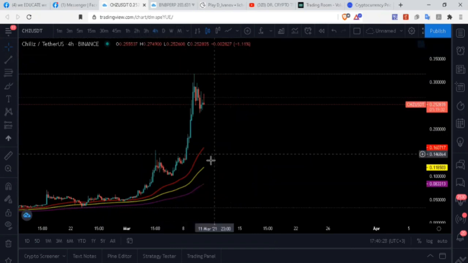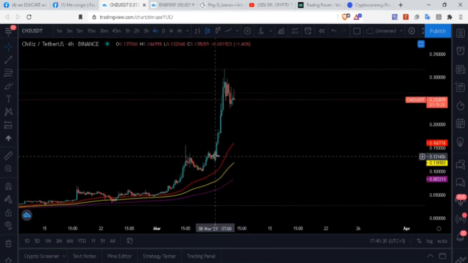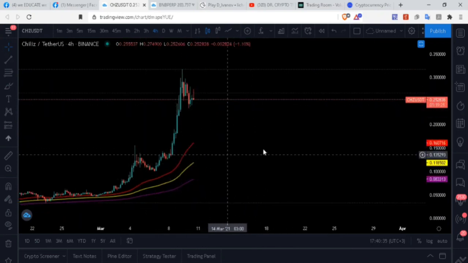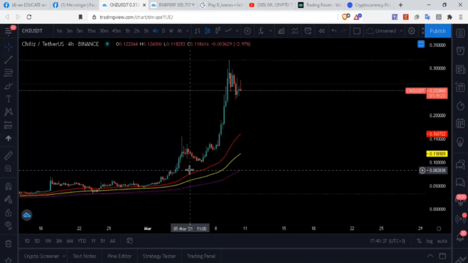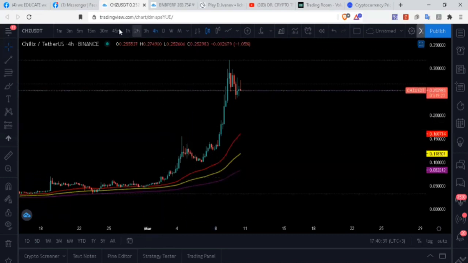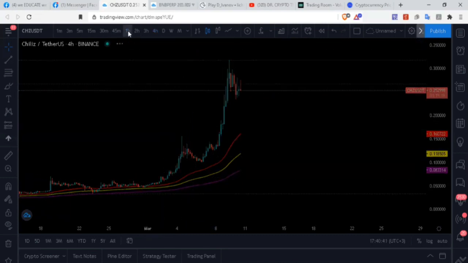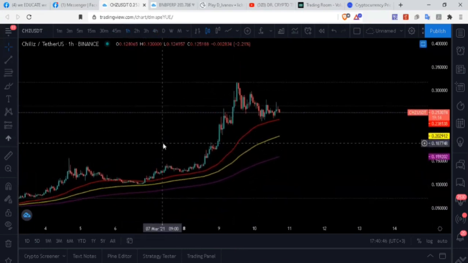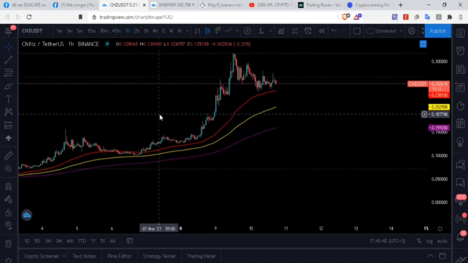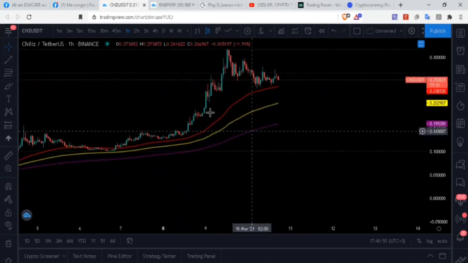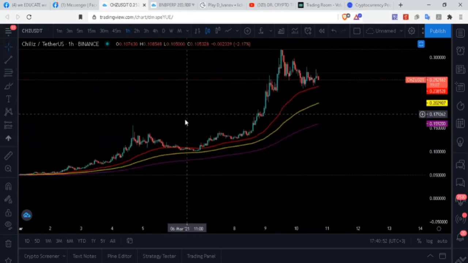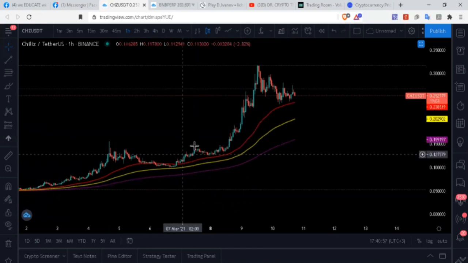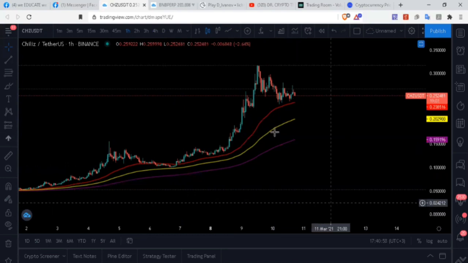We'll check on the 4 hours, then it says that it's trending because the moving averages are below the price. Then we will check the 1 hour if it's trending or not. Still trending.